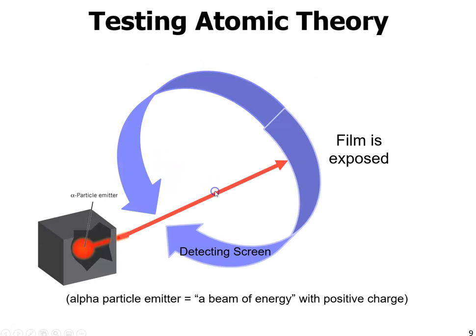And so one of the first experiments that was done, thinking about testing this atomic theory, what they wanted to do was to see if atoms existed, or that there were things that were made up of atoms. What they did is they had a particle emitter, an alpha particle emitter. So this little box here demonstrates that, which had some sort of energy emitting from it.